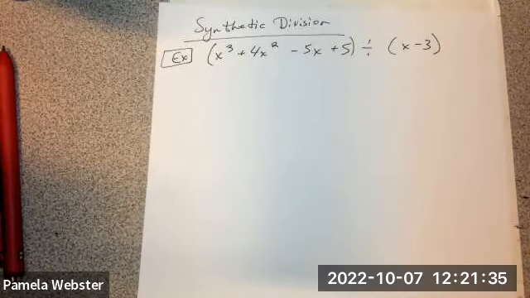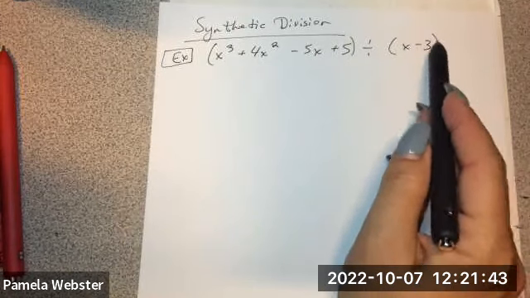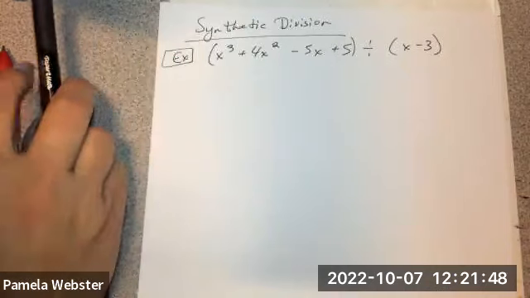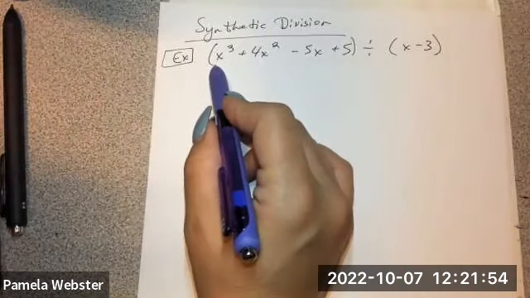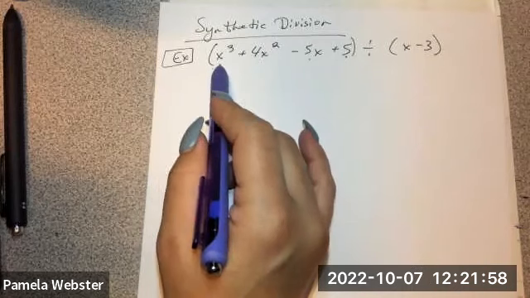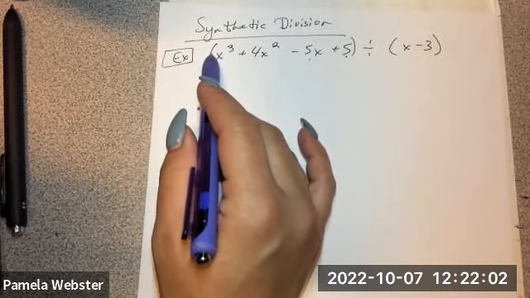Now, here's what has to happen in order for me to be able to do synthetic division. Synthetic division basically says, I'm going to write this as a division problem, and I am not going to use any x's because sometimes the x's bug people, okay? So in order to set this up, I need to look at what I'm dividing into and ask, what are all the coefficients? That's the number out in front, right?